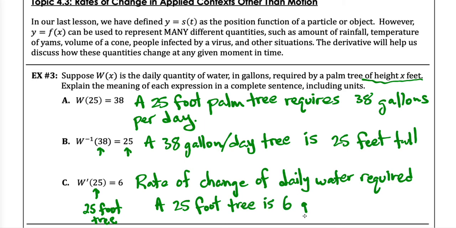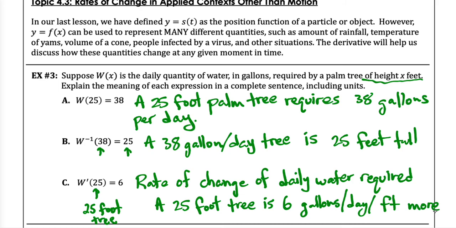Six gallons per day, shoot, per foot. So it's gallons per day per foot.